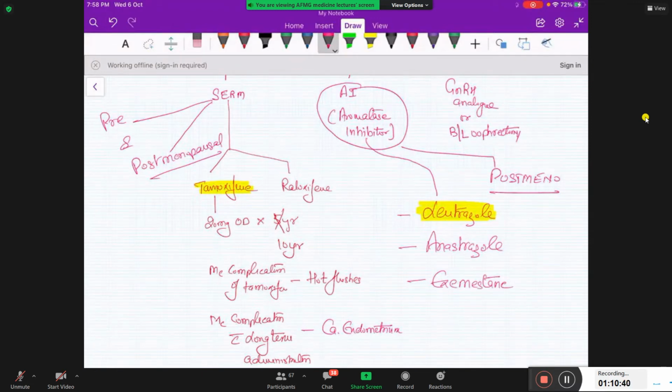Otherwise, there is no point of blocking the aromatase enzyme which is present in peripheral fat, if the ovaries are still producing estrogen. So they are effective only in a non-functioning ovary or post-menopausal patient.